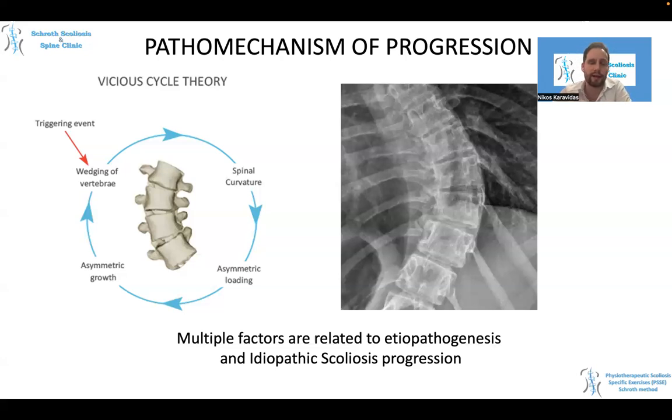And it's clear that the most important period of time and the highest risk of progression is definitely at the peak of growth, when you have rapid growth and asymmetric growth at the same time, which means that the risk for rapid progression is very significant.